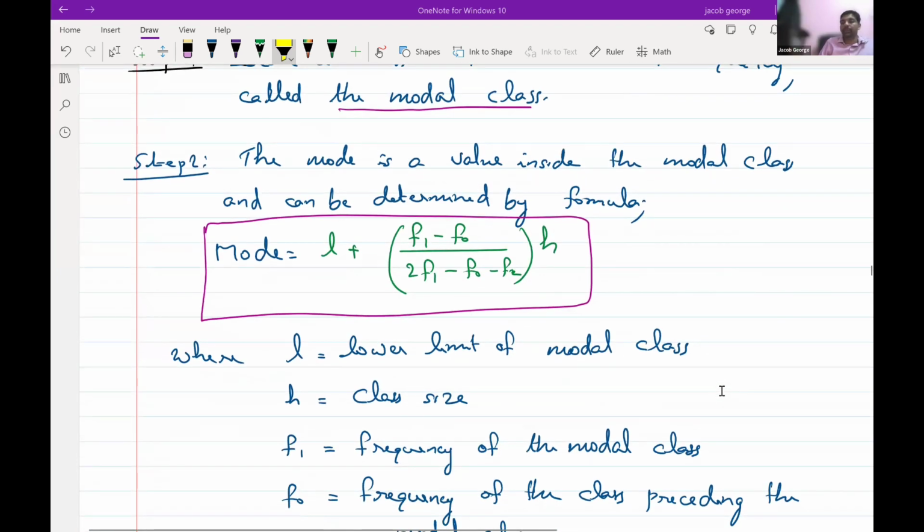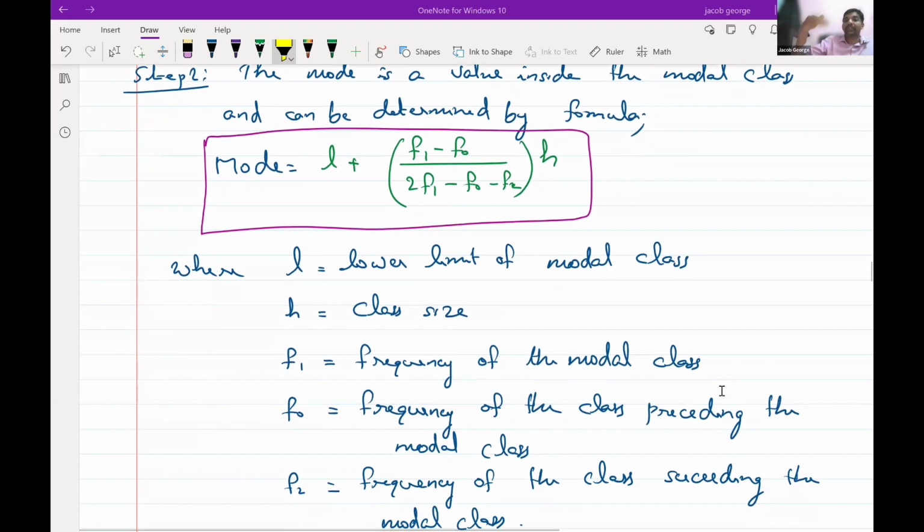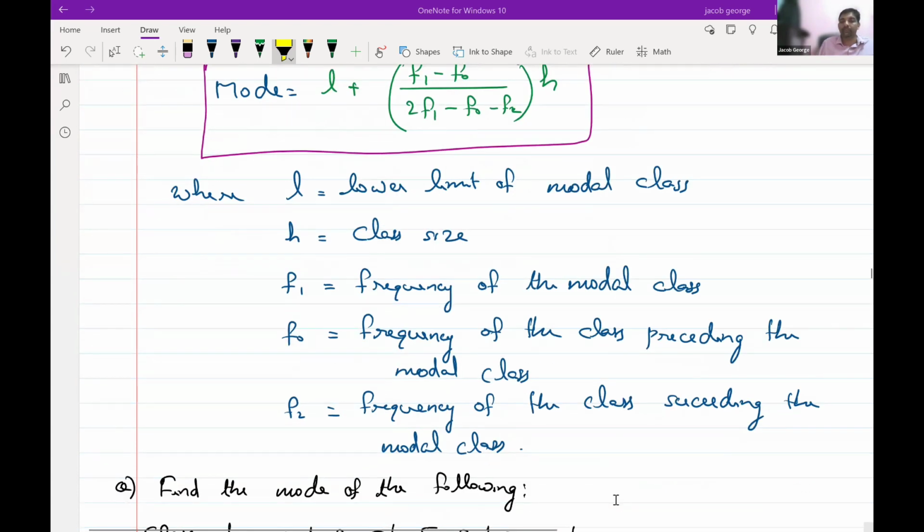F1 is the highest frequency, the frequency of the modal class. H is the class size. F0 is the frequency of the class preceding the modal class, just before the modal class, and F2 is the frequency of the class succeeding the modal class.